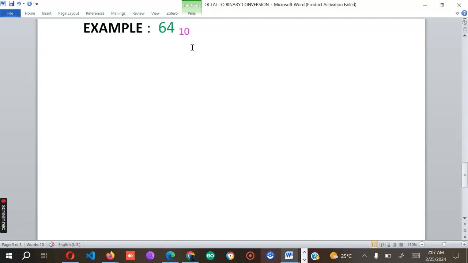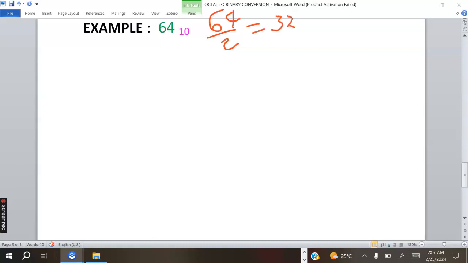Now, let's do the whole thing. So we have the number, which is 64, divided by 2, which is 32, remainder 0. Then the 32 divided by 2, you get 16.